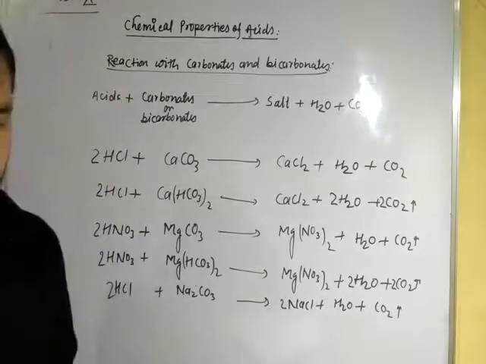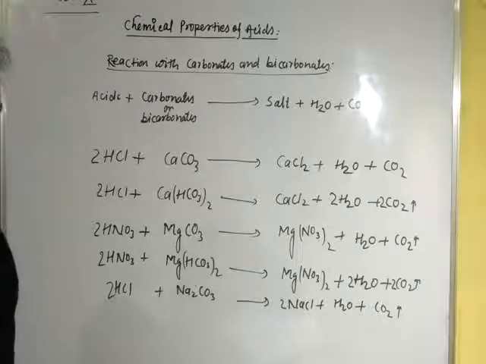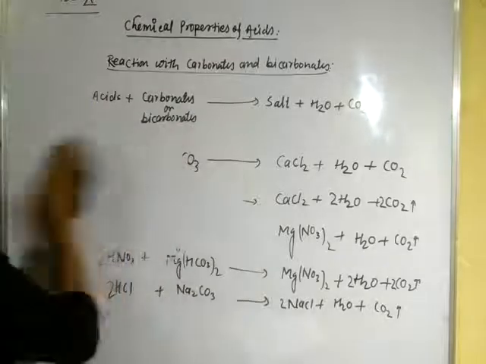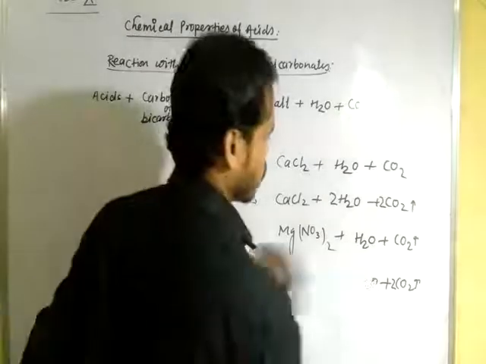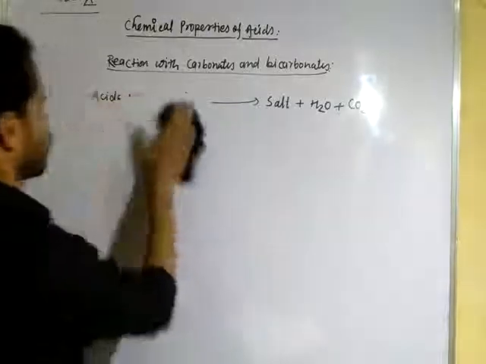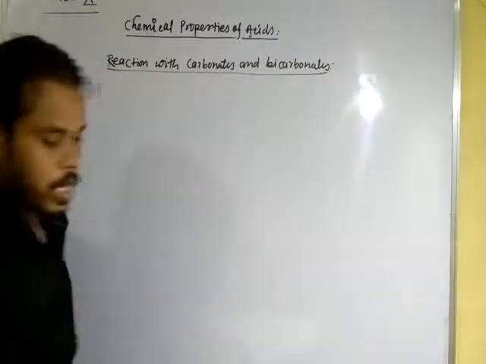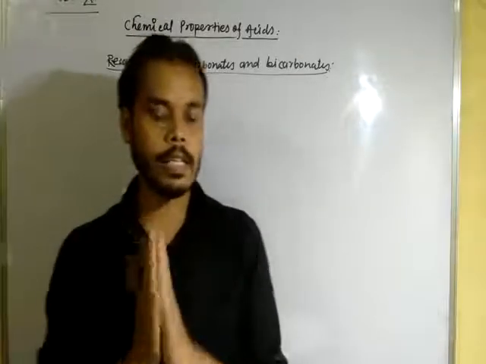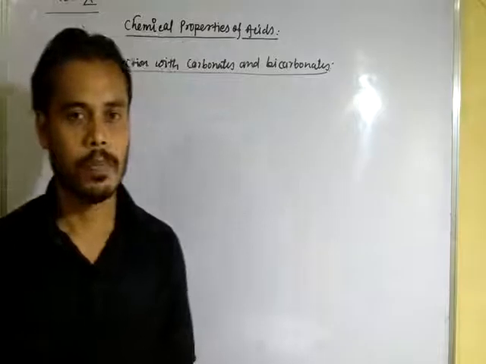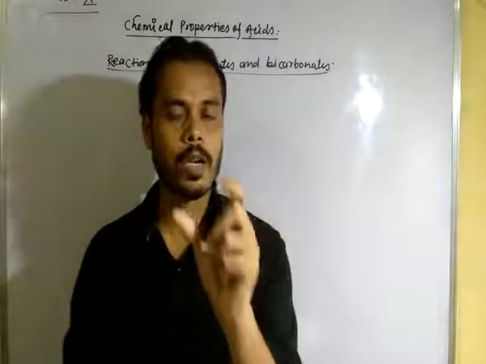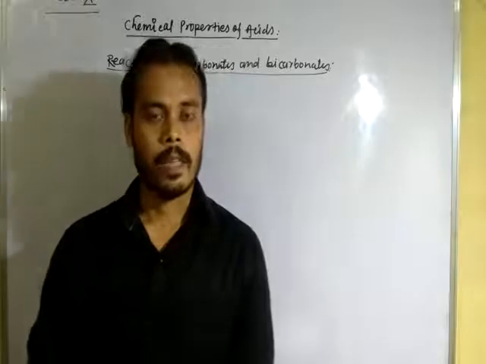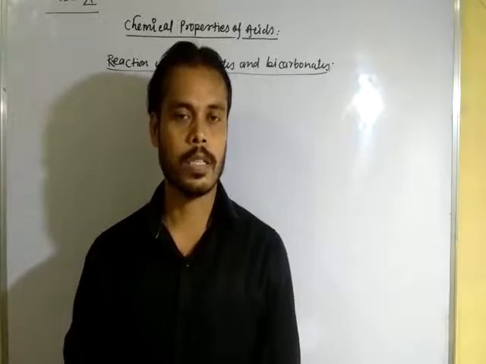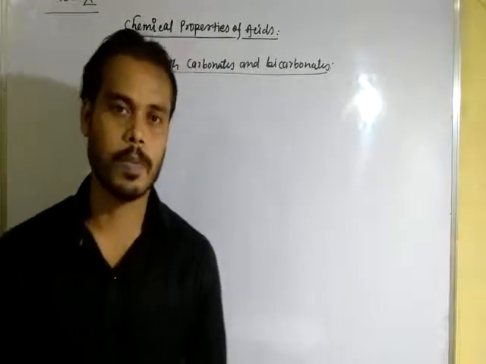You can see here. Okay, next one is reaction with sulfides. When metallic sulfide is treated with acid, it forms salt and hydrogen sulfide gas. The odor of hydrogen sulfide gas is like rotten eggs, so we can identify the smell of sulfur.